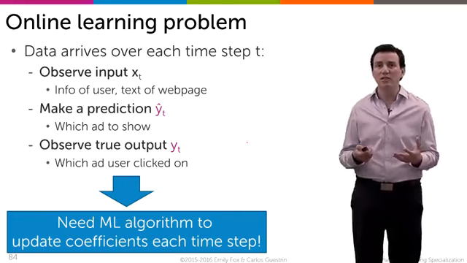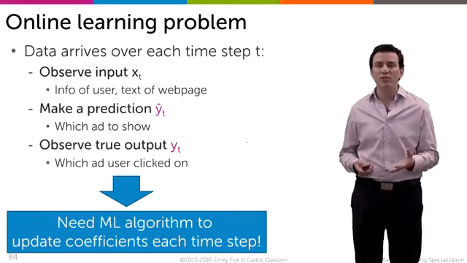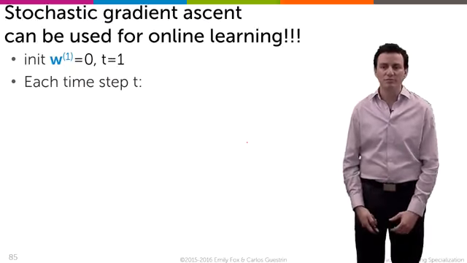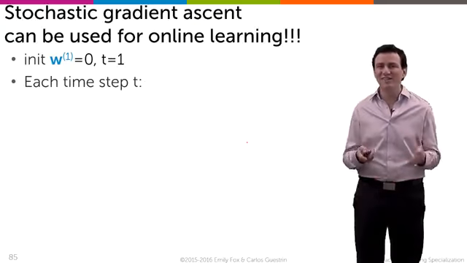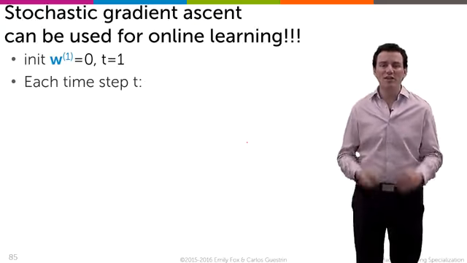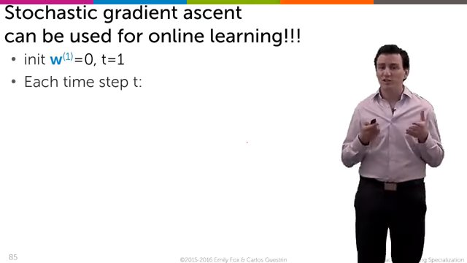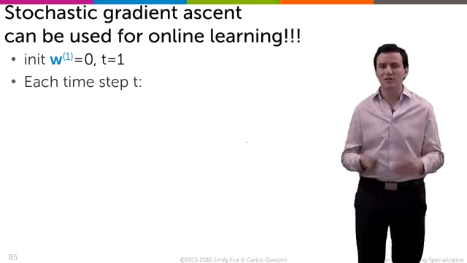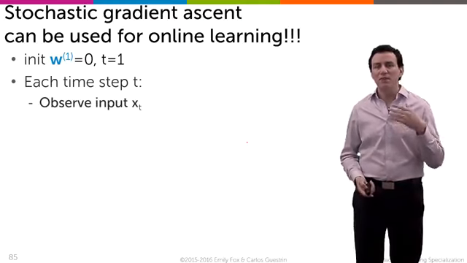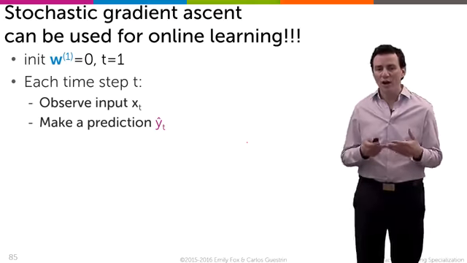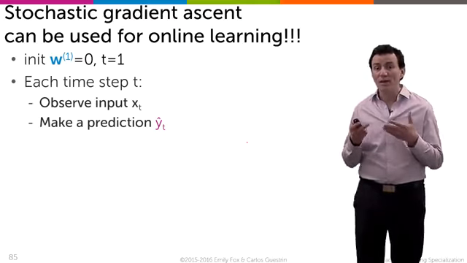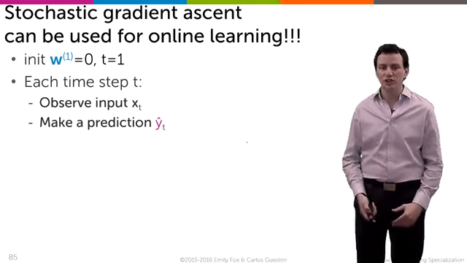What's a good example of a machine learning algorithm that can improve its performance over time in an online fashion like this? And it turns out that we've seen one, stochastic gradient. Stochastic gradient is an algorithm that can be used for online learning. So let's review it. You give it some initial set of coefficients, say everything is equal to 0. Every time step, you get some input, xi. You can make a prediction, y hat t, based on your current estimates of the coefficients.